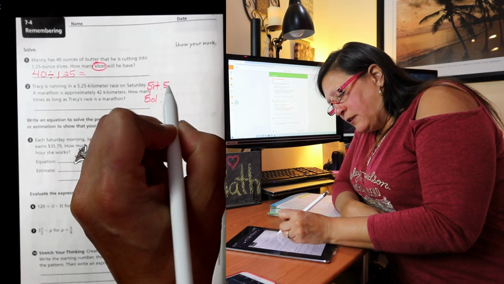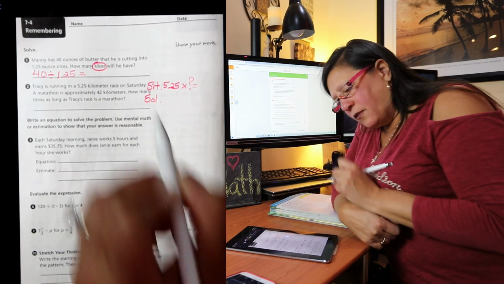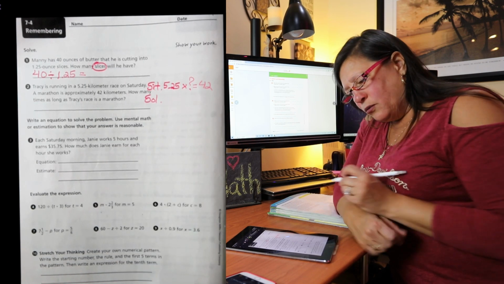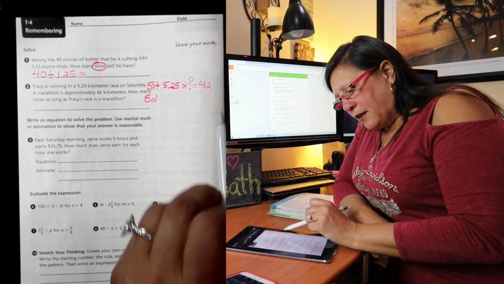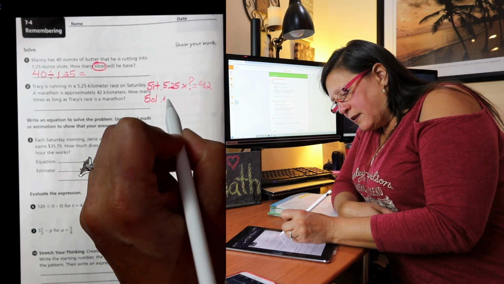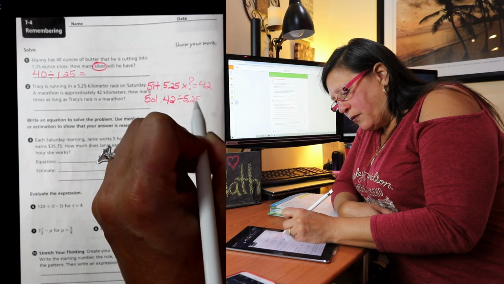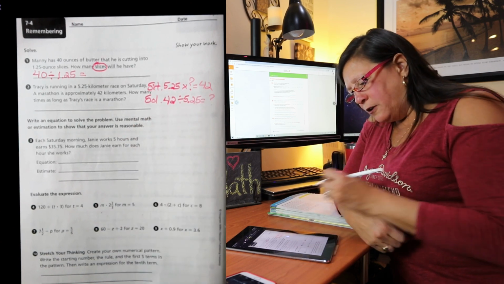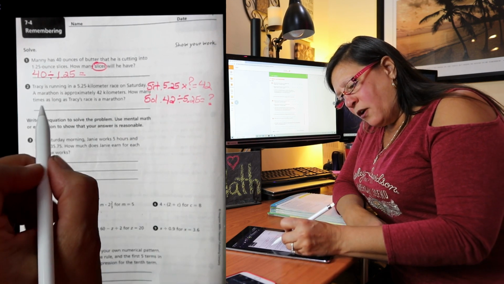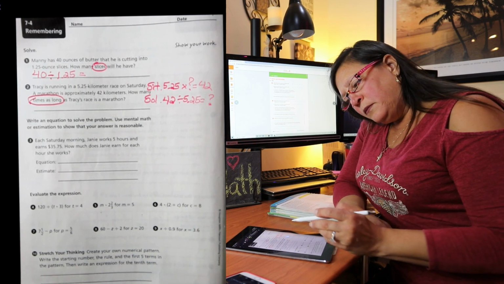So 5.25, how many times to equate to a 42 kilometers? Okay, so when we don't have one of our factors, we're going to take our product to solve this and divide it by the factor we do know. And that's going to give us our unknown. Okay, and how many times as long? That's going to be your label. Times as long.